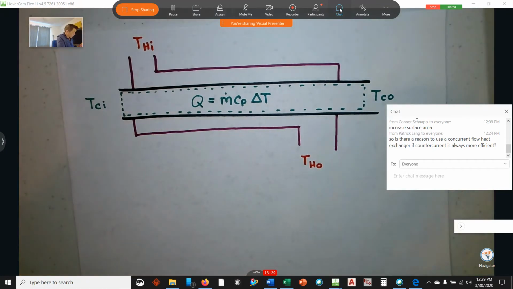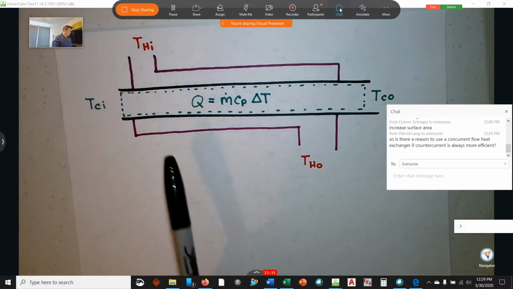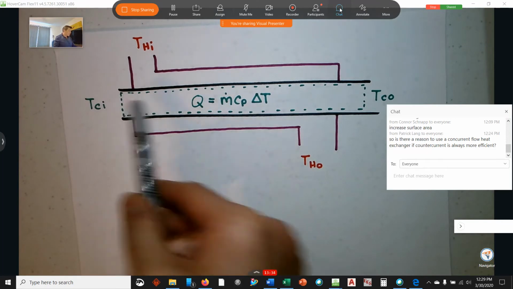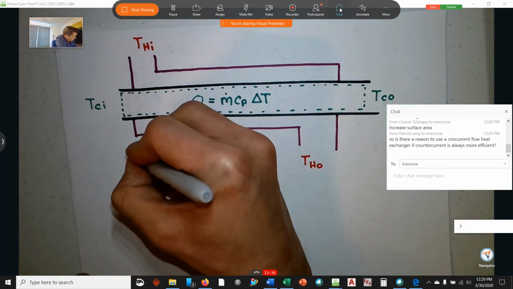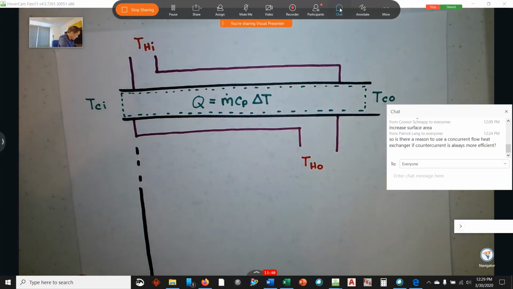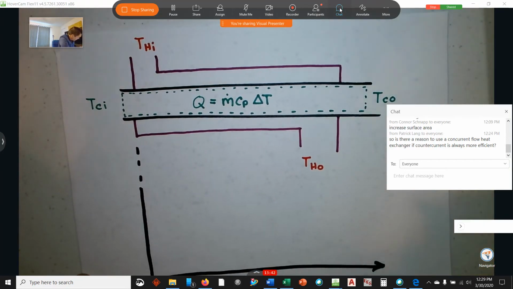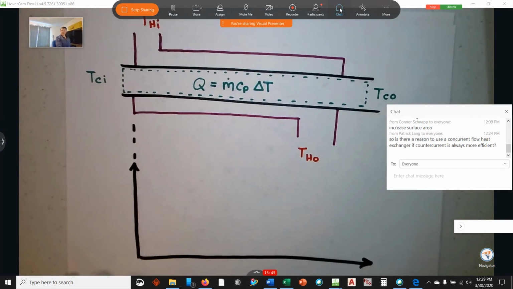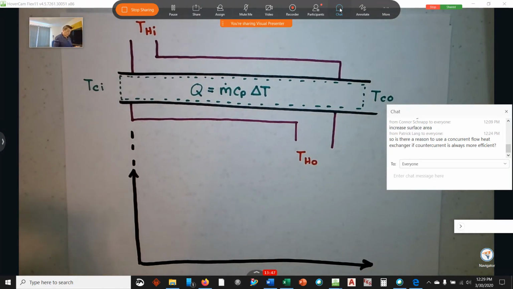The other thing that we need to think about isn't the overall increase of temperature and change of enthalpy of one phase as it's entering and exiting the heat exchanger.